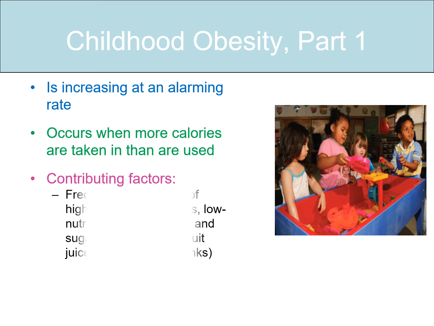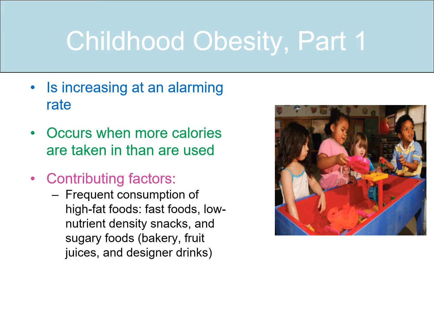And contributing factors to this are frequent consumption of high-fat foods, eating fast food or prepackaged foods, eating low-density snacks and sugary foods, drinking fruit juice and designer drinks. Children should only have a maximum of half a cup of fruit juice every day, and it shouldn't be provided in place of water or milk.